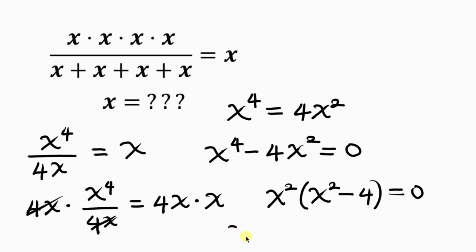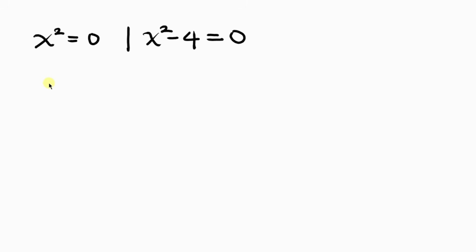We have x squared to be equal to 0, or we have x squared minus 4 to be equal to 0. Now we're going to be solving these two cases one after the other. So from the first case, it is easy to point out that x is equal to 0, because when we take the square root of both sides, we're going to end up having 0 as the value of x.